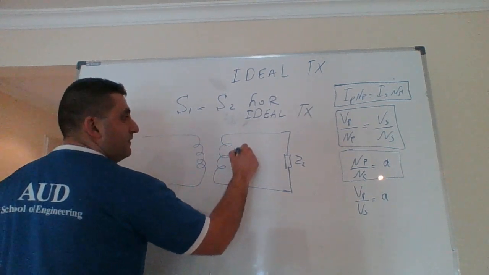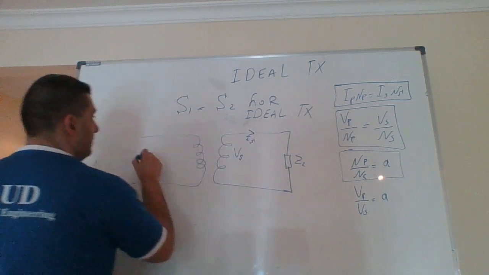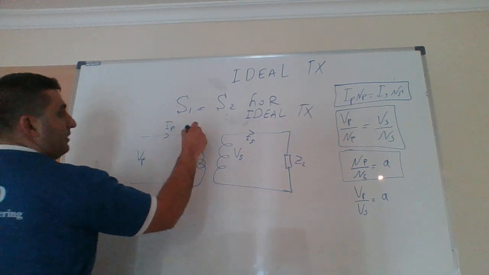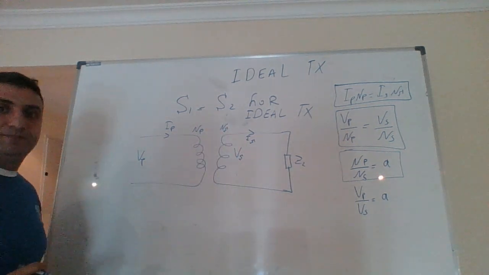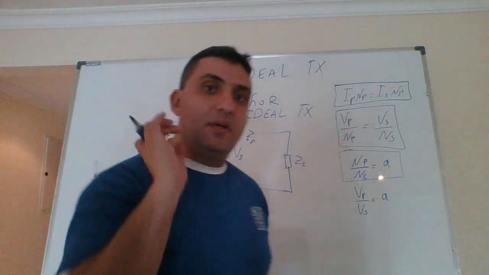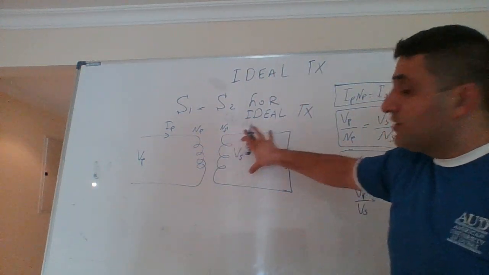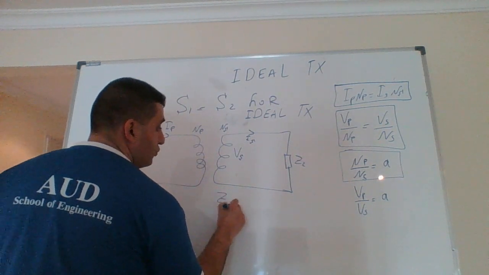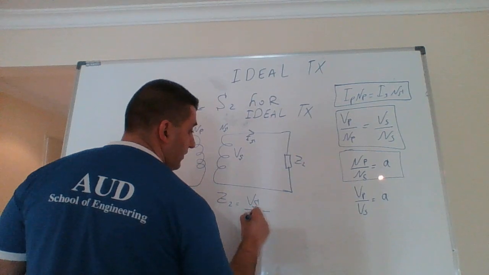That's V secondary, I secondary, V primary, I primary, N primary, N secondary. If I apply Ohm's law on the secondary side, I have Z2 is equal to Vs over Is.